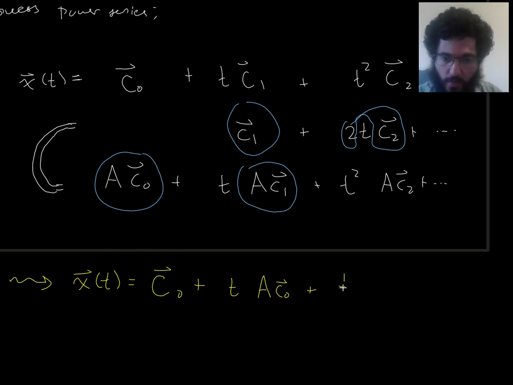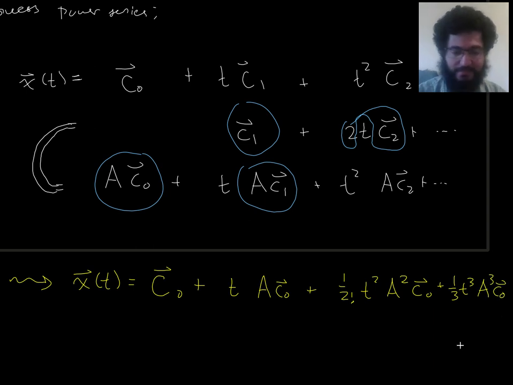There we had 1/2 A squared C0. So that half is actually 2 factorial. Then 1 over 3 factorial t cubed A cubed C0. And so on and so on. It's an infinite sum.